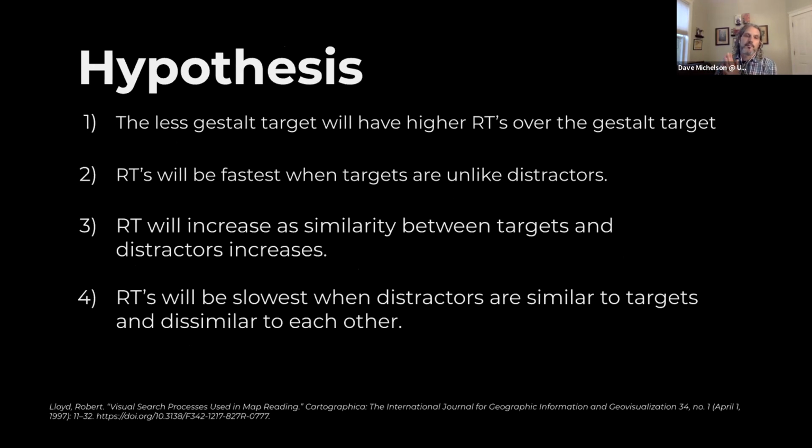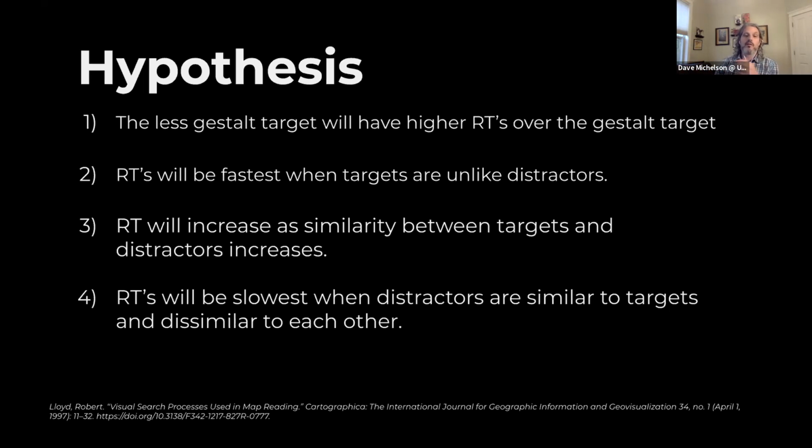So, hypothesis. First off, the less Gestalt target will have higher reaction times than the Gestalt target. The rest is going to be taken directly from Lloyd, because I really feel like Lloyd is a good mix of feature integration theory and attention engagement theory, which I think is the visual search theory that fits best.